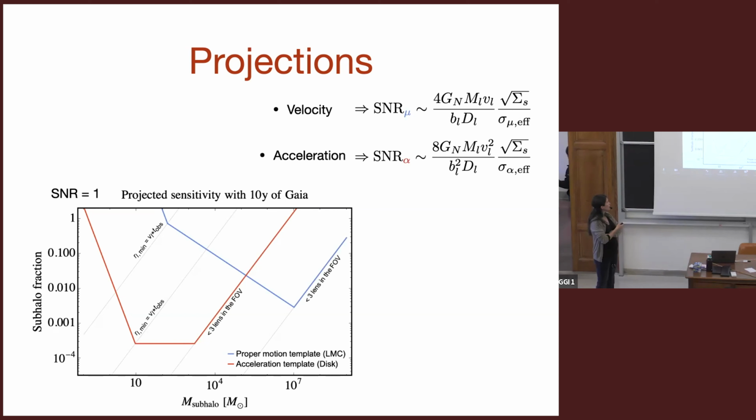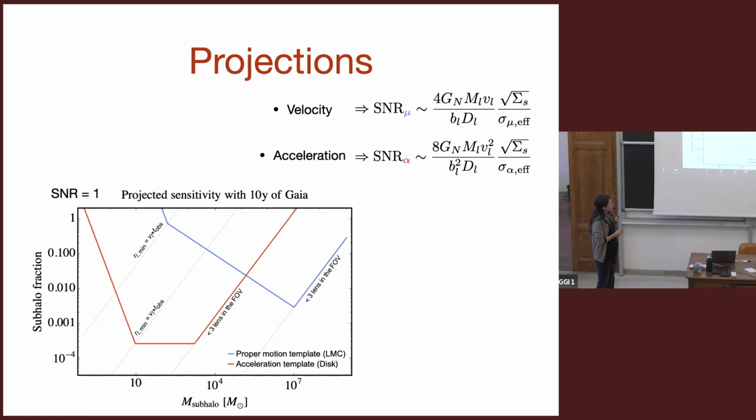In the case of the acceleration, we don't need to look for stars in the Magellanic Clouds because also Milky Way stars are not expected to have an acceleration. And so the acceleration dispersion is expected to be very small for all the stars observed by Gaia.